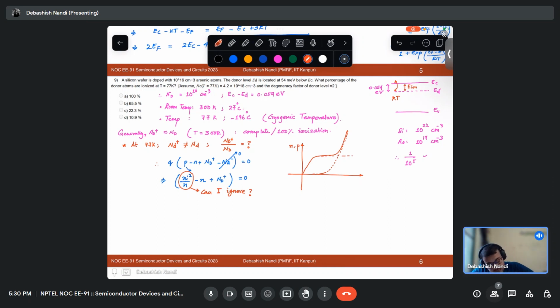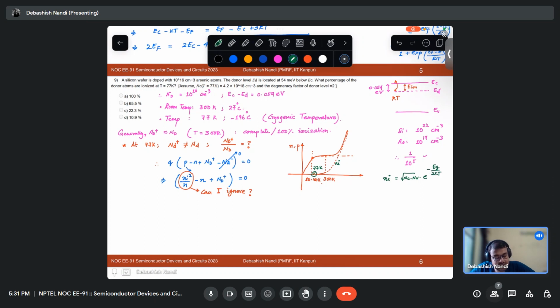So what is the temperature I told you for silicon in this range? This is around 300 K. And what is this temperature? This temperature is around 50 to 100 K. So you see that around 77 K, let's say this is your 77 K, your ni is very small, right? Obviously it has to be, because your ni is what? Root over Nc Nv e to the power minus Eg over 2kT, right?